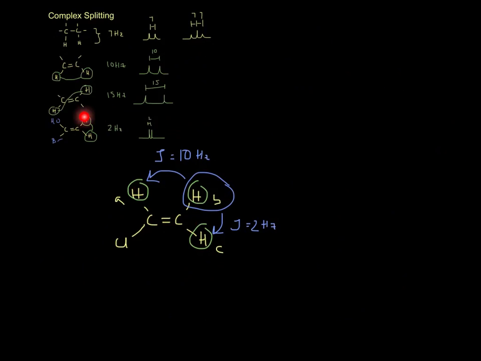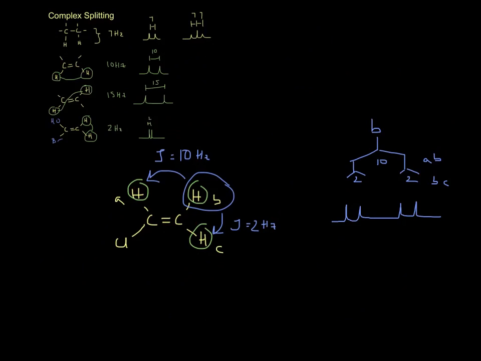If we make this into its little tree, here's what environment B is going to be like. It's going to be split by 10 hertz, and that is our AB splitting. And then our BC splitting is only going to be 2 hertz. So they're going to look like that. We've got a gap of 10 here and a gap of 2 there. This is for our BC coupling. So what it's going to end up looking like would be this.